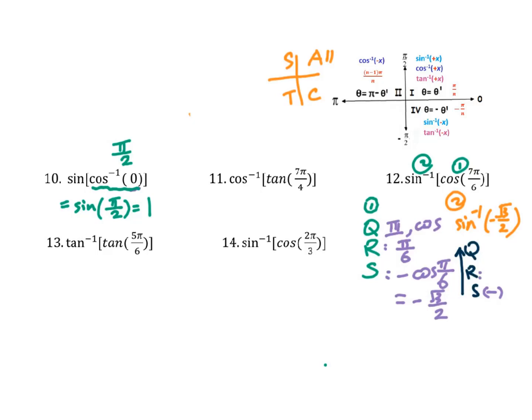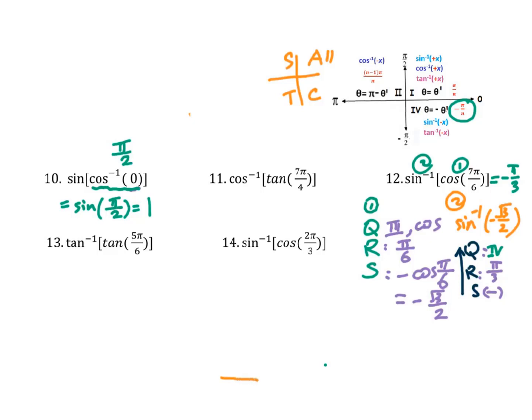Reference angle: since sine pi over 3 equals square root of 3 over 2, so pi over 3 is the reference angle. Then we go to fourth quadrant. Pattern will be negative pi over n. Therefore, answer is negative pi over 3. Now let's go to number 13.